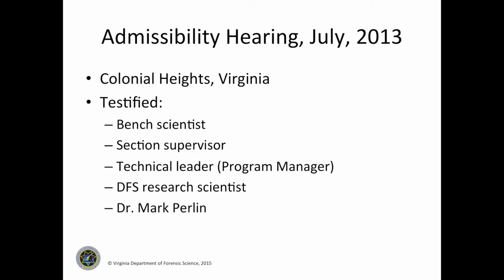But in the presentation of the data, Susan had highlighted the runs that were not used. She had highlighted them in yellow, and there was sufficient explanation given why certain runs were not used. And during closing, the defense referred to that as the sea of yellow in our validation study. Dr. Mark Perlin also testified during this admissibility hearing, and he testified for the better part of 2.5 days.